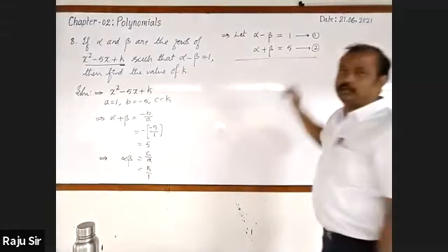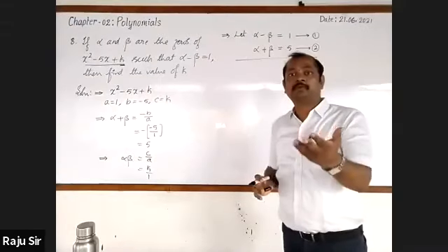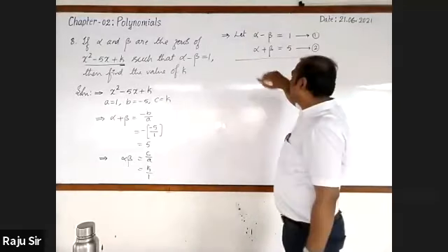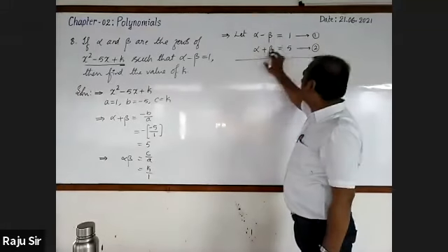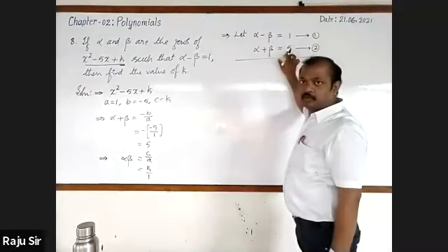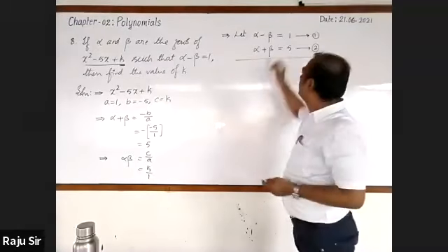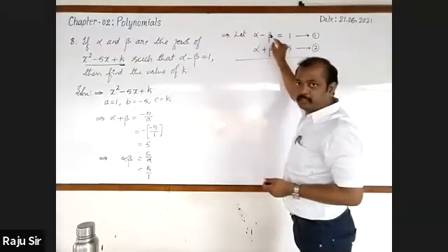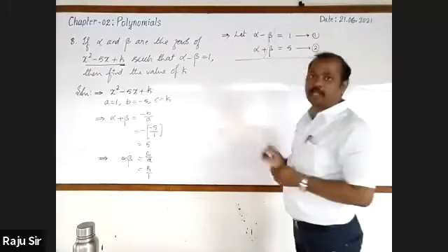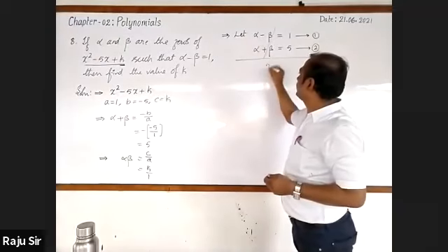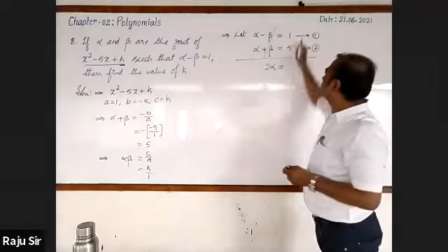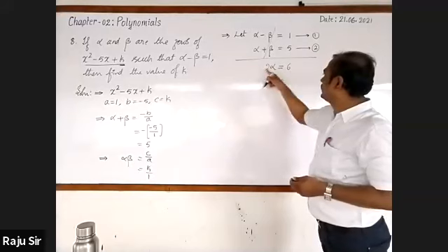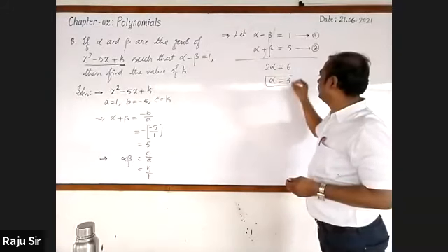Again, you may recall the linear pair of angles concept where we found the values of A and B. In the same way, look here: alpha minus beta equal to 1, alpha plus beta equal to 5. To find alpha and beta, first I cancel beta. Minus beta plus beta can be cancelled. Then 1 alpha plus 1 alpha is 2 alpha. Next, 1 plus 5 is 6. Now alpha is equal to 6 by 2, which is 3.